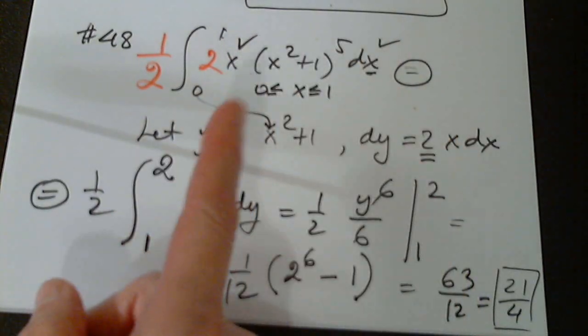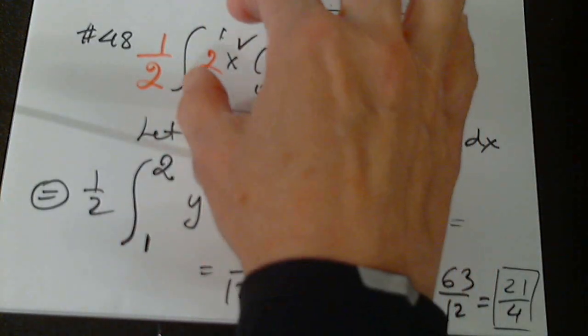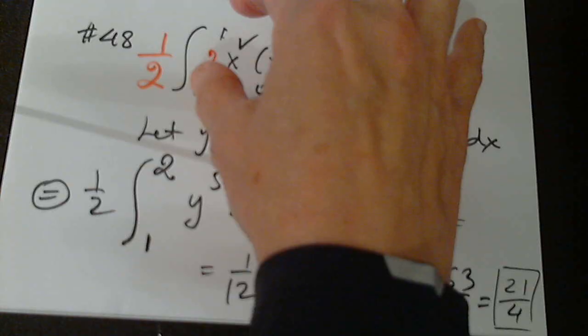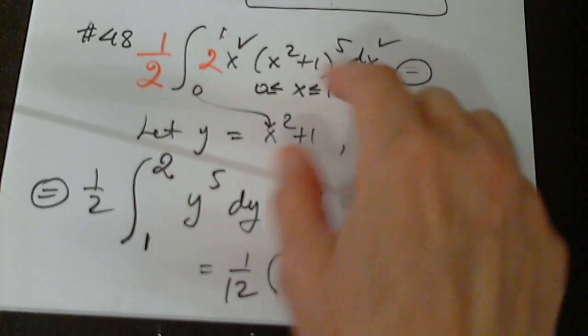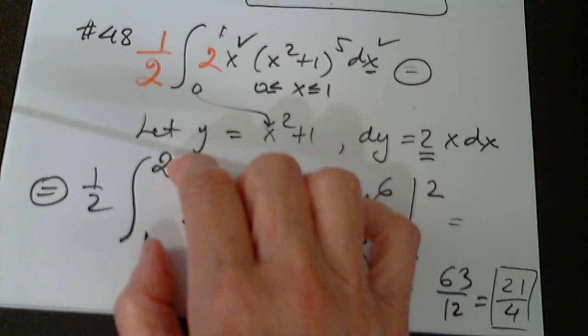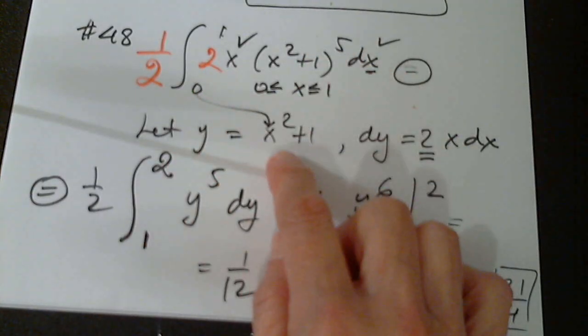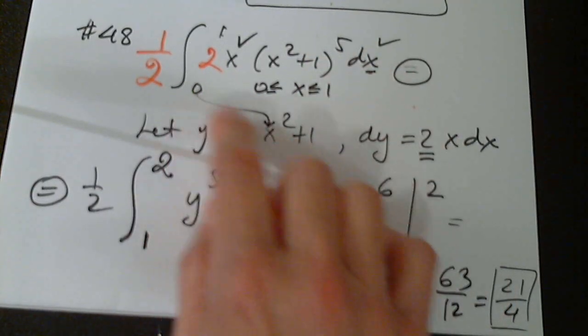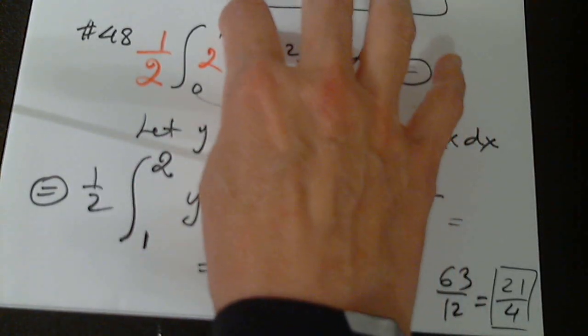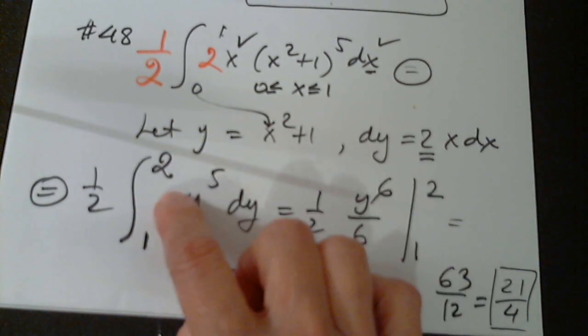Now, for a definite integral, I can never copy the limits of integration, from 0 to 1 for x to 0 to 1 for y. No, because the limits are different. When the lower limit for x is 0, 0 plus 1 is 1. When the upper limit for x is 1, 1 plus 1 is 2.